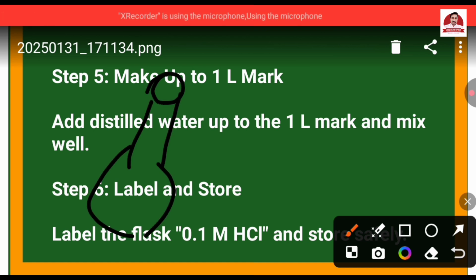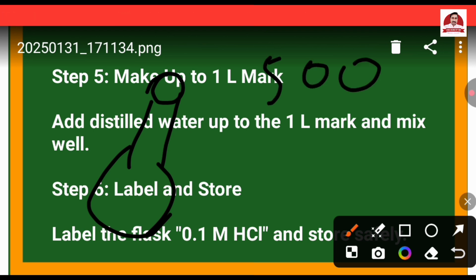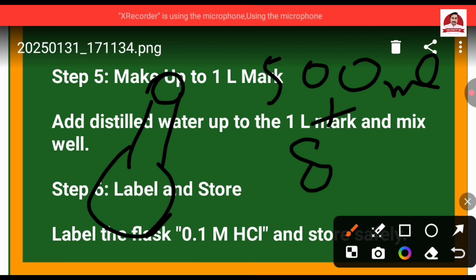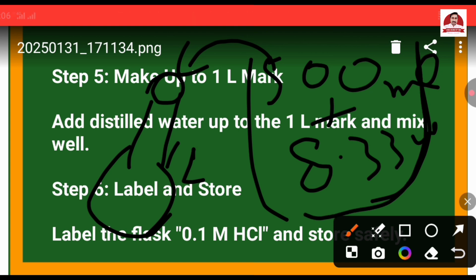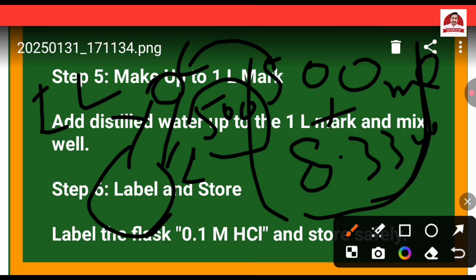In this volumetric flask we add the 500 milliliter which we already prepared in the previous steps, plus the 8.33 milliliter of acid in a beaker, and then we transfer this into the 1 liter volumetric flask. After pouring all this solution into the volumetric flask, we add water up to the mark of 1 liter.